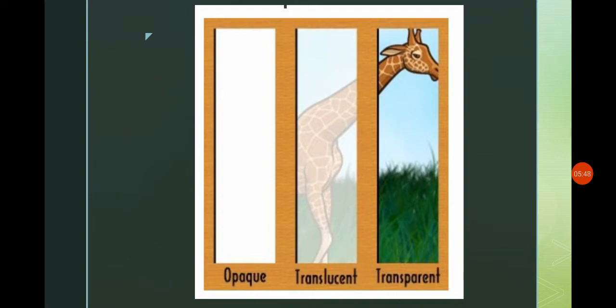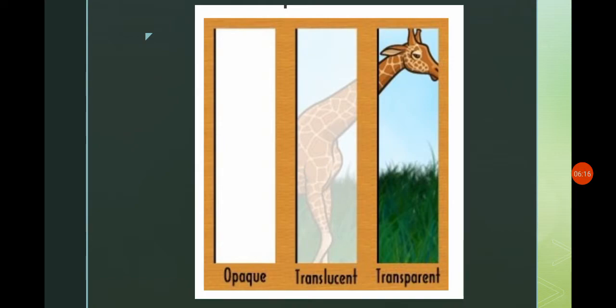From this we can conclude and understand how we are able to see the objects around us. If you see the transparent part, when light hits a transparent object like air, we are able to see the objects around us. So we are able to see the object because the light hits the air, which is a transparent object.